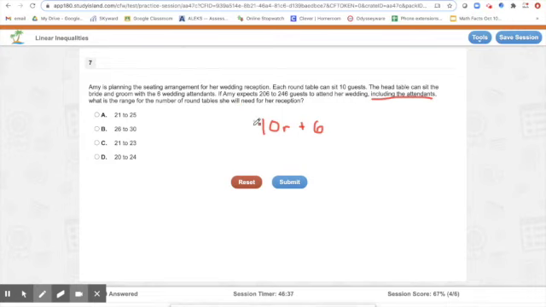Now, altogether, she's expecting 206 people to 246 people. So we're going to try to solve this compound inequality to figure out, once again, how many round tables. That's what R is. So we're going to start off by subtracting 6 from both sides.